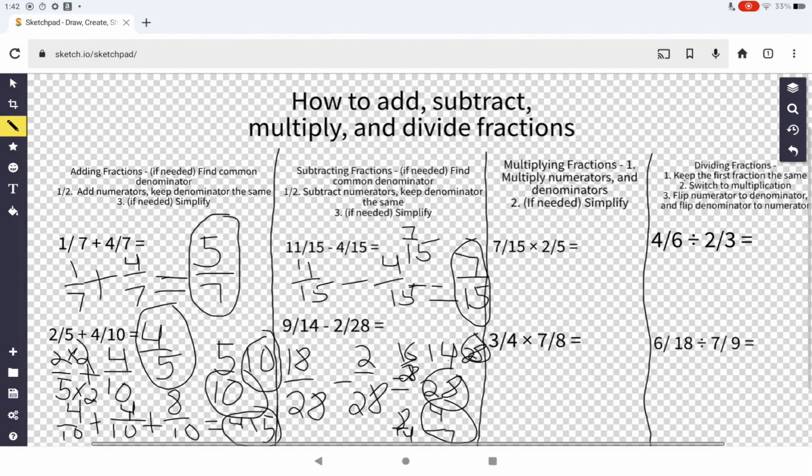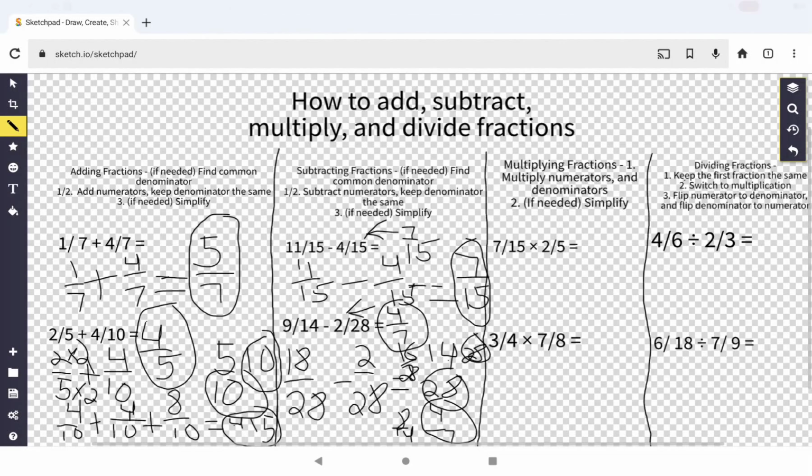So 4/7 is our answer. Let's write an arrow so we know that 4/7 is for this one, and 7/15 is for that one, just because it's a lot to write.